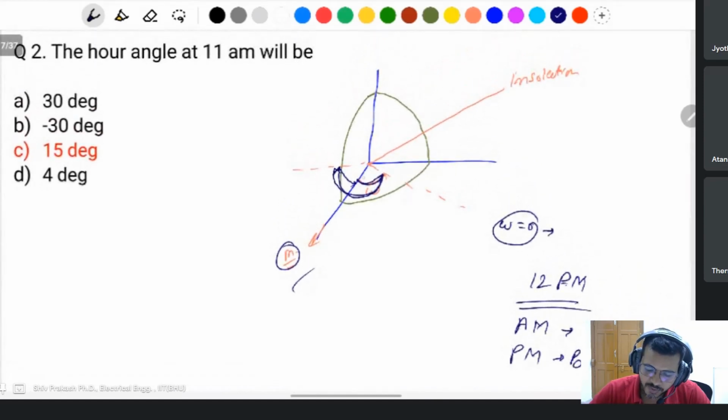The angle changes like that from sunrise to sunset. This will be the hour angle. Sunrise here, and sunset here.